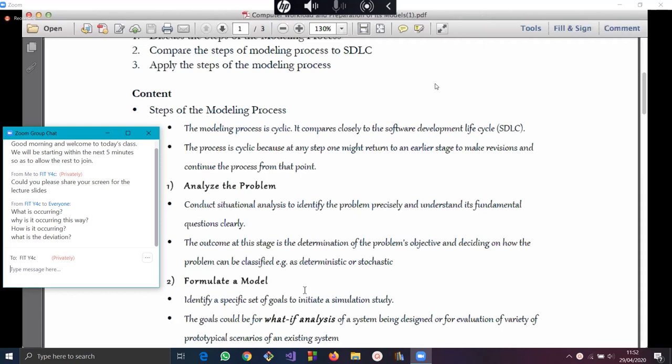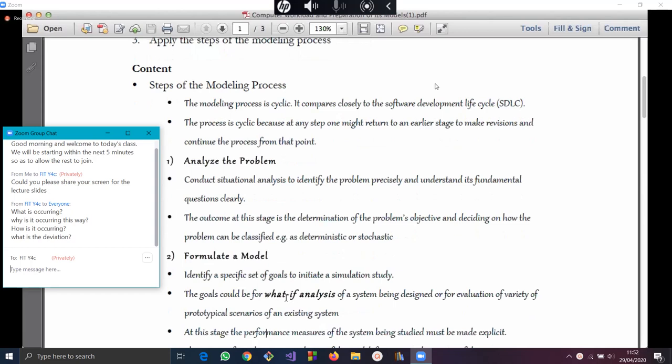The next thing that you'll do once you've known it's either deterministic or stochastic, then you'll move to stage number 2. Now, stage number 2 is to formulate a model. Create a model, meaning can you represent your problem in a manner that can be handled by a modeler.